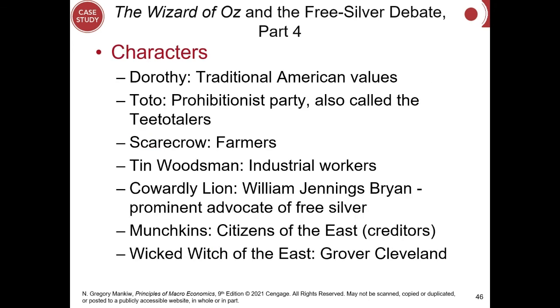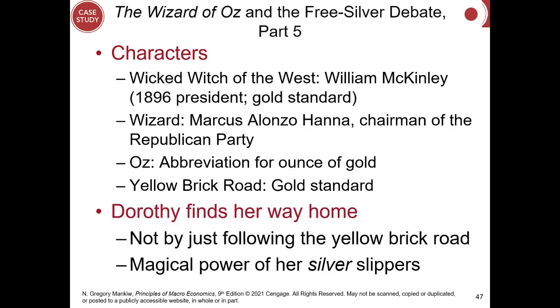The main thing to worry about in this is this last statement here. Dorothy finds her way home, not by just following the yellow brick road, which is, I guess, gold, but through the magical power of her silver slippers.